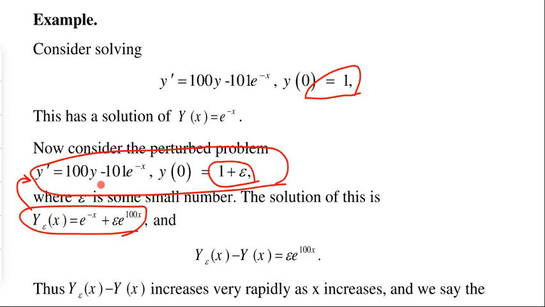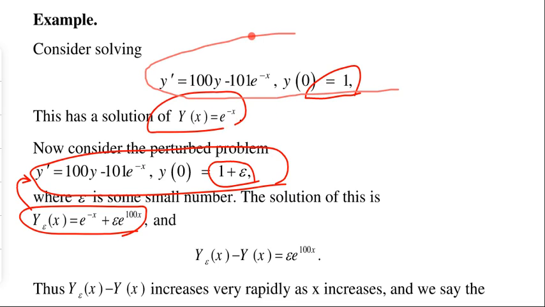You can see this is the solution of this problem. Also, when x equals 0, you can see it will be 1, and from it we will obtain epsilon. So y epsilon will be 1 plus epsilon. So we have this solution for this perturbed problem.